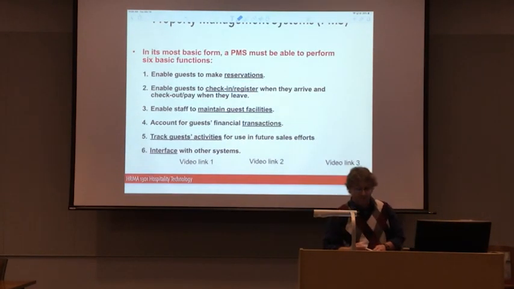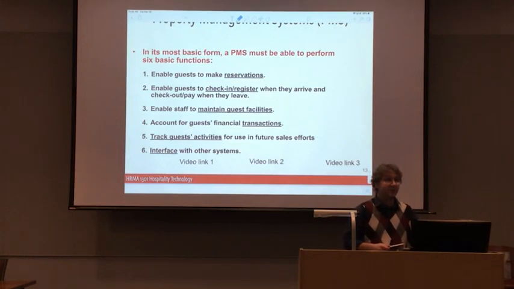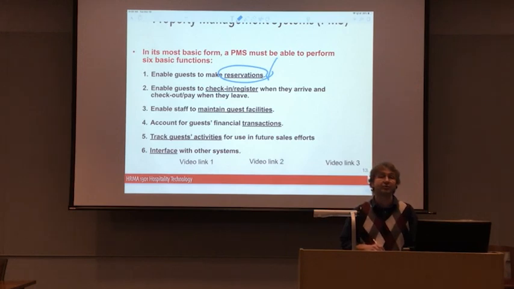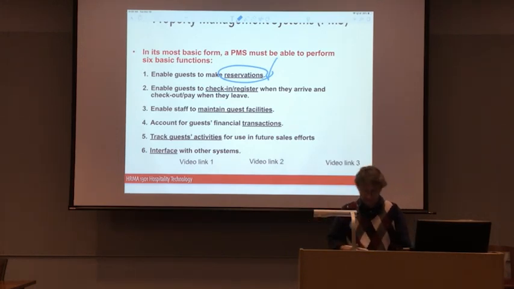In its most basic form, a PMS must be able to perform 6 basic functions. First, it enables guests to make reservations, okay? So allow these reservations to go through to see exactly how the inventory will be managed in the future. Enable guests to check in and register when they arrive on the property and check out and pay when they leave.